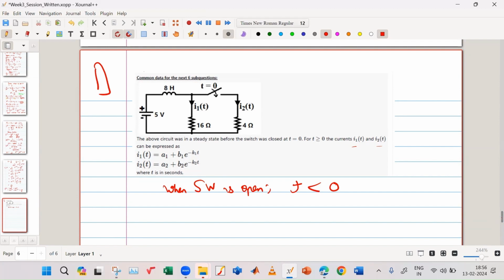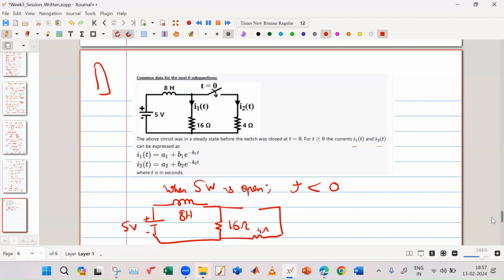Only the first part. It will be this 5 volt over here, this 8 Henry over here, 16 ohm over here, and this is open. 4 ohm is over here.